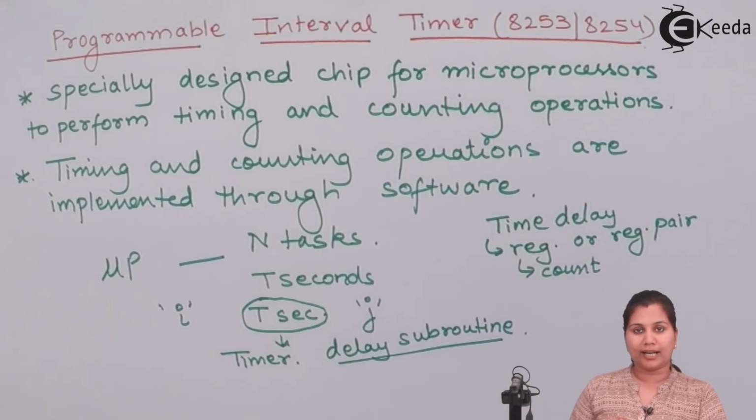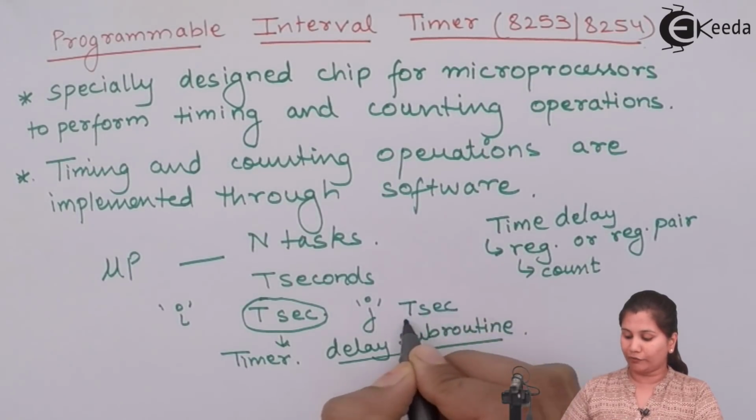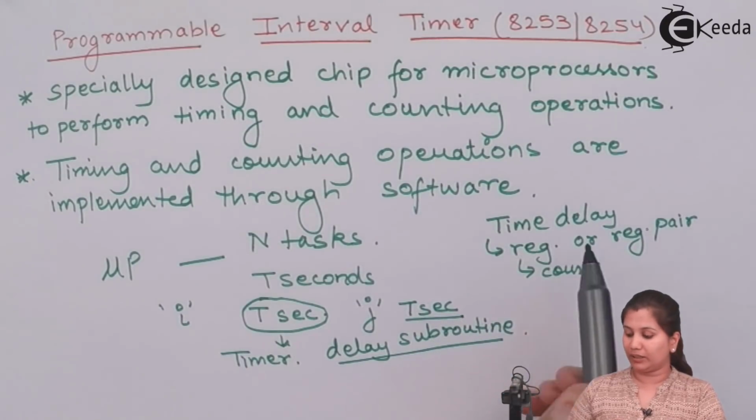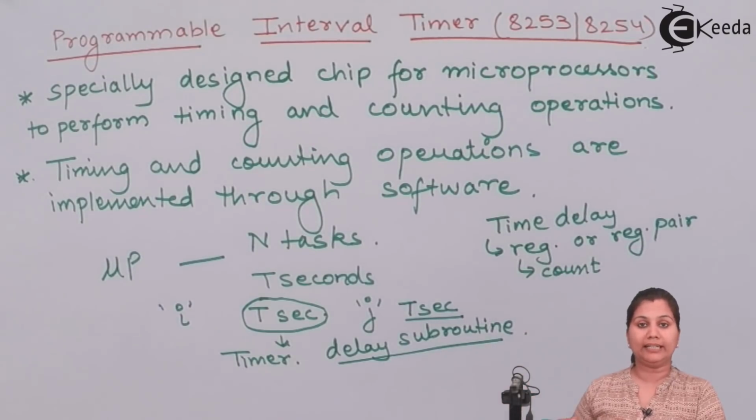After the completion of the j task, it will again have a delay of t seconds. So again it is going to call the subroutine, initialize the register or the register pair with the count, and decrement the count until it becomes 0.